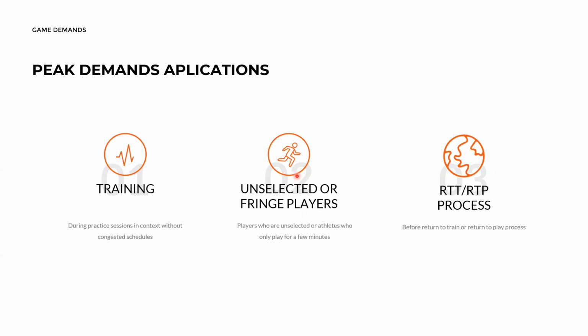In this way, players could accumulate the desired volume and be exposed to the most demanding periods of the game. Another application could be during the return to train or return to play process. Players should be exposed to the most demanding periods before return to sport.